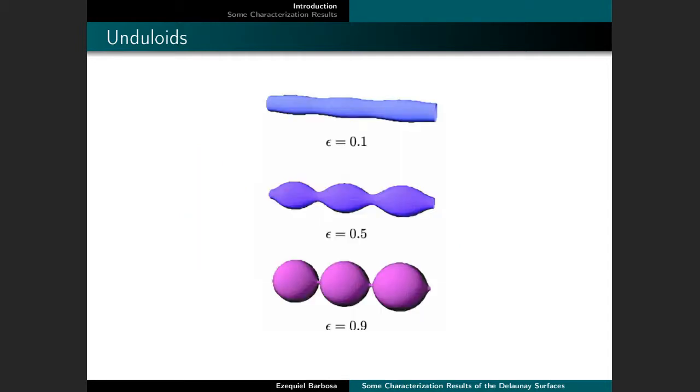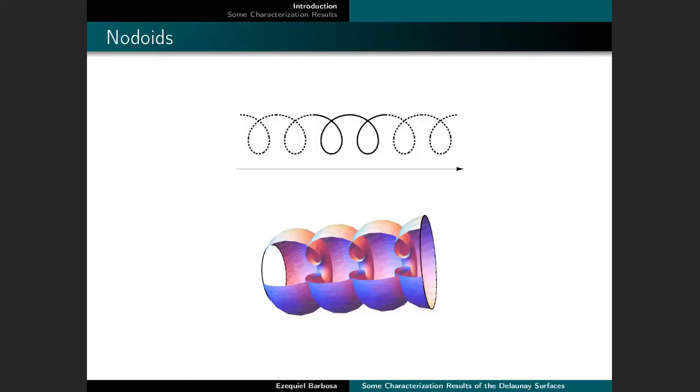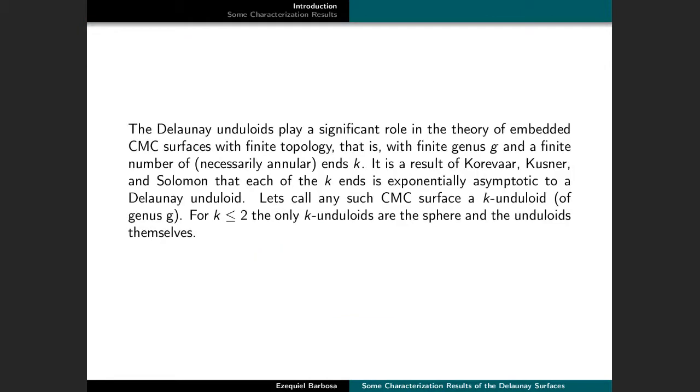Unduloids when you take the parameter going to 1, here are the spheres in this string, and the nodoids, right?